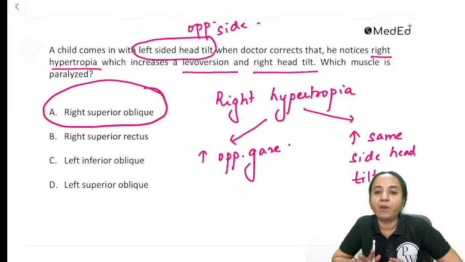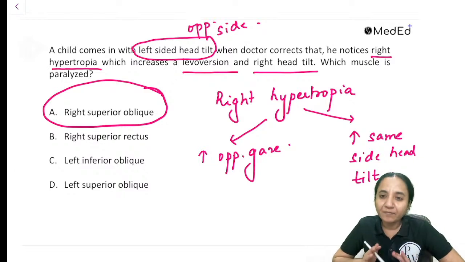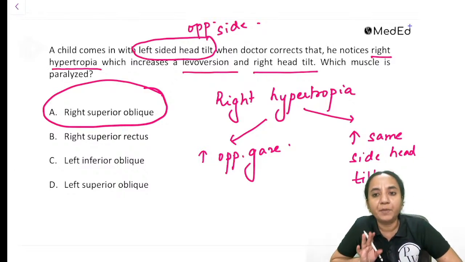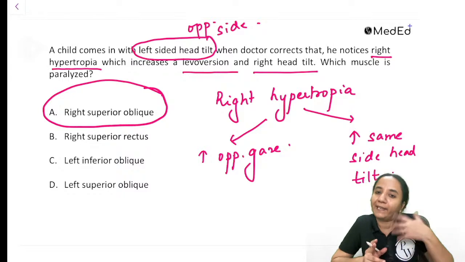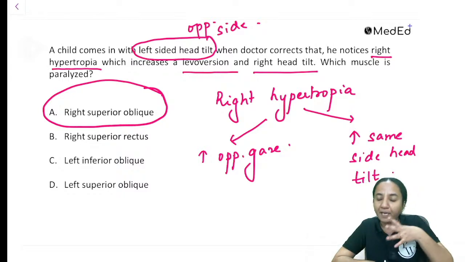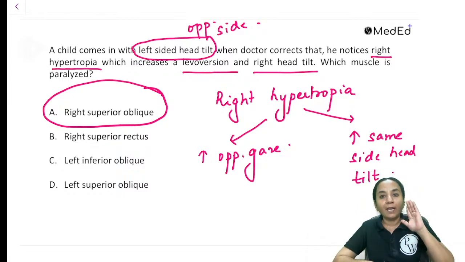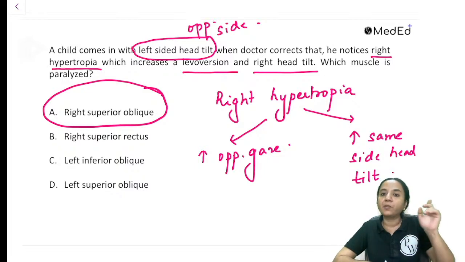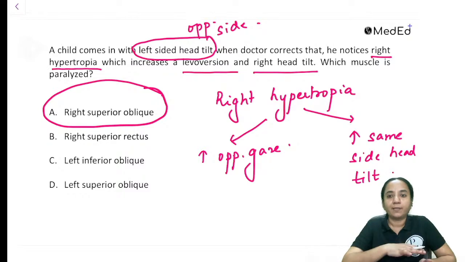So please remember that out of all this, what you will get in the exam is SO palsy only usually, because that is what is commonly seen in practice. So in SO palsy, there is a hypertropia which worsens on opposite gaze and same sided head tilt, and that is why the patient has an opposite side head tilt.